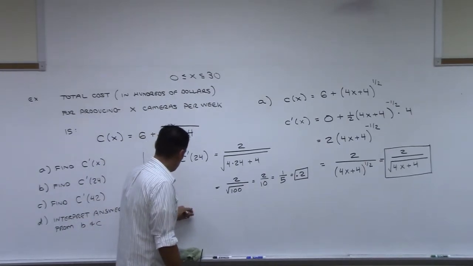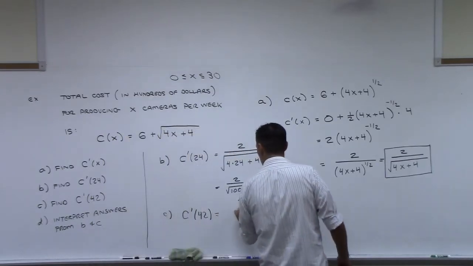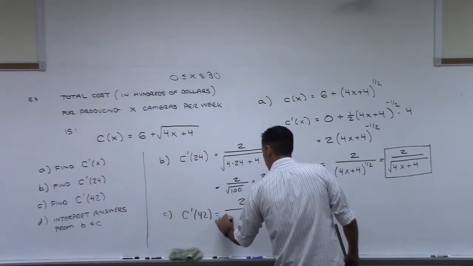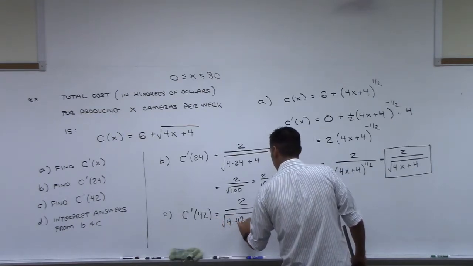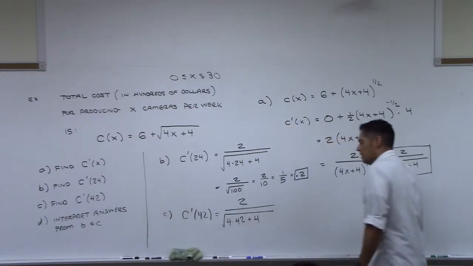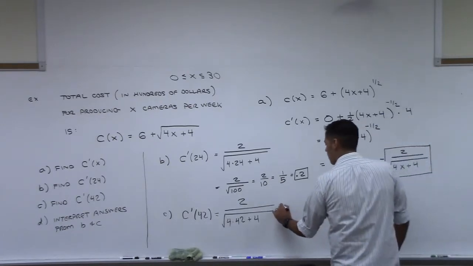The derivative at 42 equals 2 over the square root of 4 times 42 this time, plus 4. 4 times 42 is 168, plus 4 is 172.